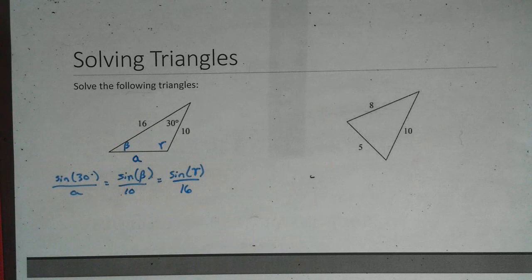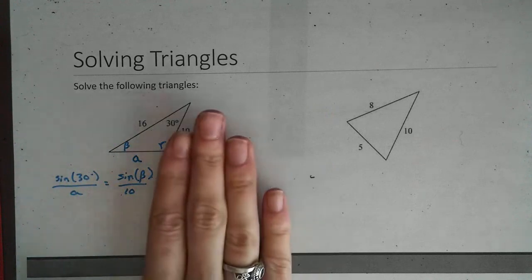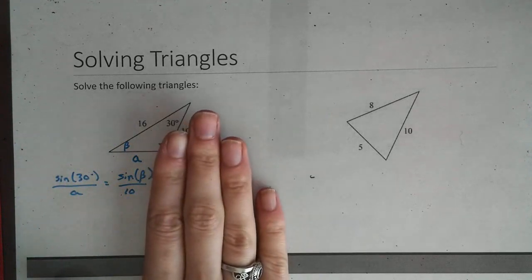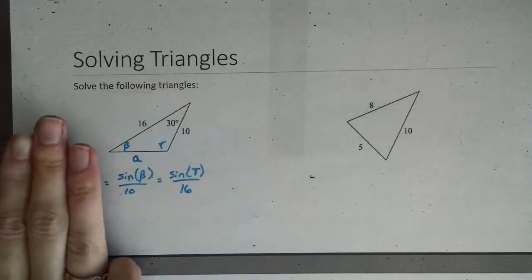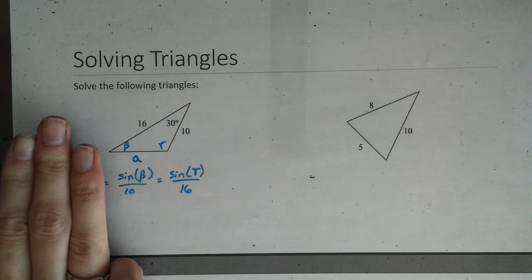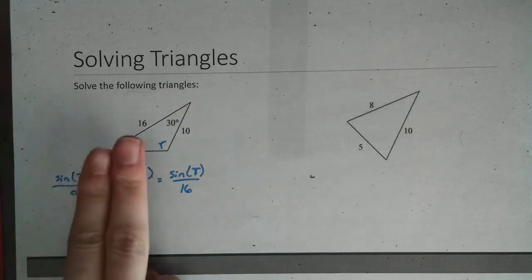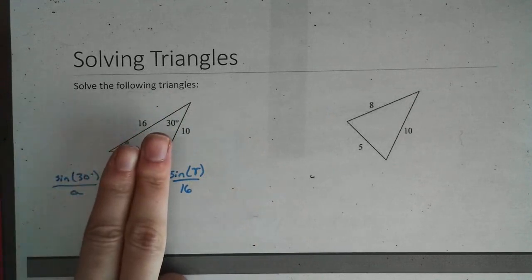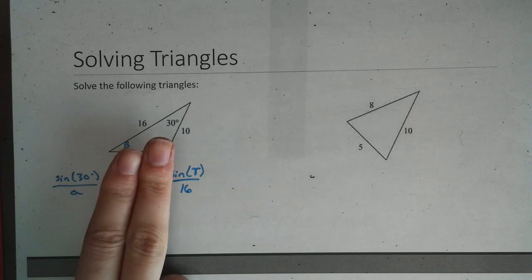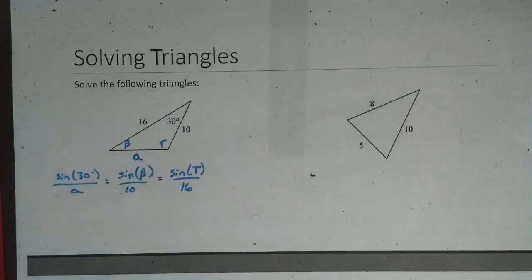But there's a problem here. If I use the first two, I have two unknowns, A and beta. If I use the last two, I have two unknowns, beta and gamma. If I use the first and the third, I have two unknowns, A and gamma. I can't solve this triangle using the law of sines.